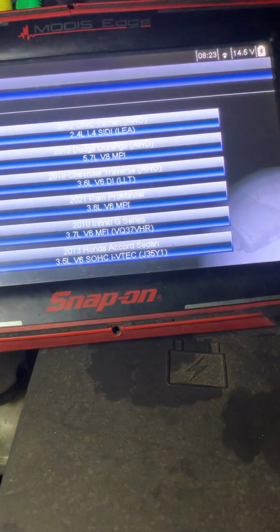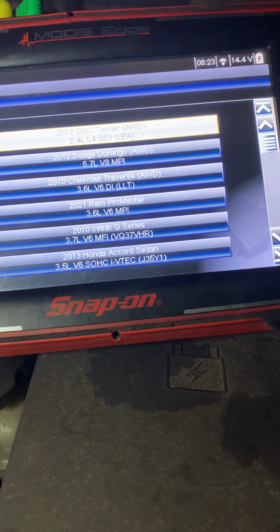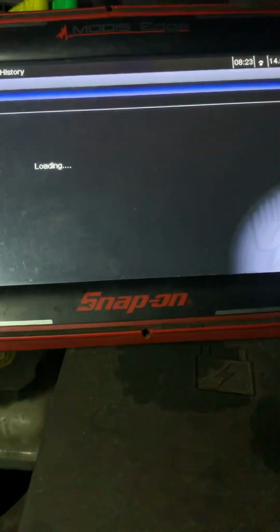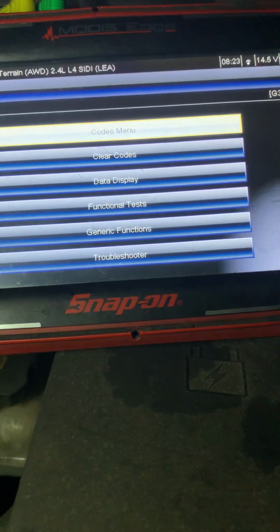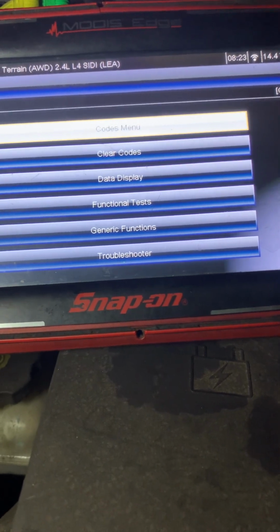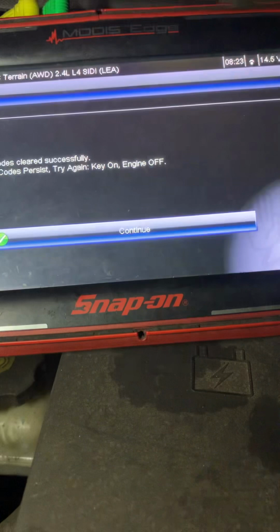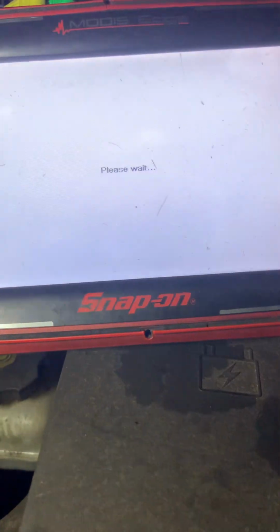I'm going to clear the codes now and see how it works on the scope, or before that, I can see the pressure going. Yep, that's it. It shut off.